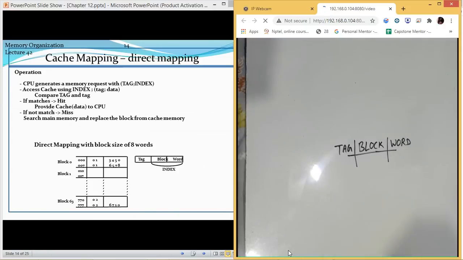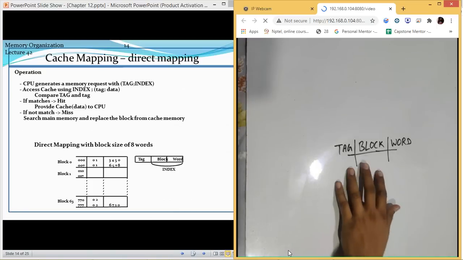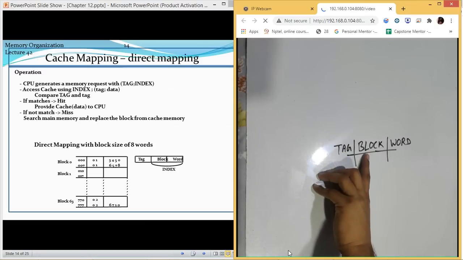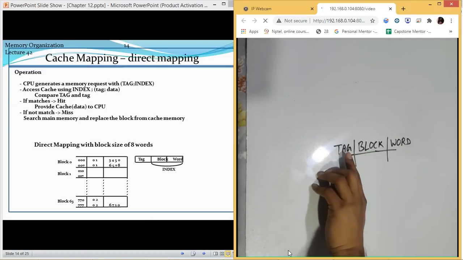And what was the condition? At one time, in one space, at one tag, only one block can be present. So we can't have multiple blocks with the same tag. That was a problem.